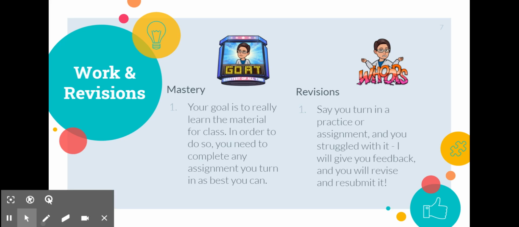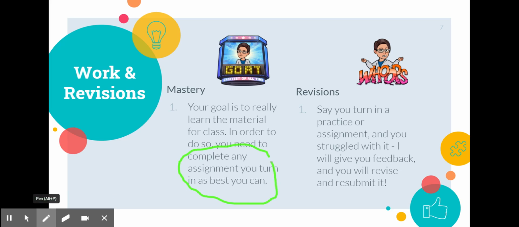So, the first priority is to turn in work completed to the best of your ability. Try not to turn in incomplete work. If you do turn in incomplete work or you really struggle on an assignment, know that I will give you feedback and then I will ask you to revise and resubmit. And that's okay. After you've done your revisions, hopefully you'll be at mastery and ready to move on.